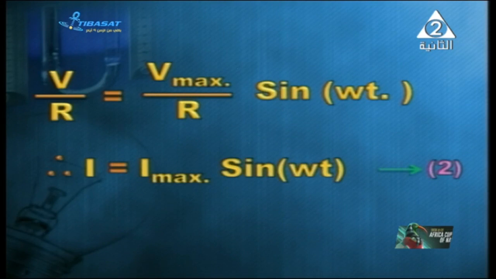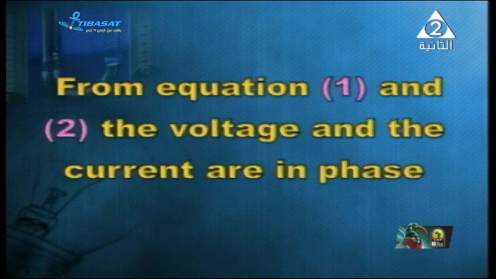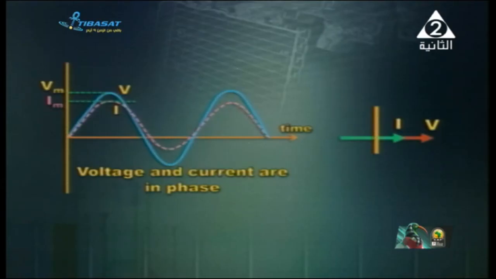When we compare these two equations, V instantaneous equals V maximum sine omega t, I is equal to I maximum sine omega t. It is quite clear that the voltage and current are in phase. So the phase angle between them is 0. It is shown in front of you.